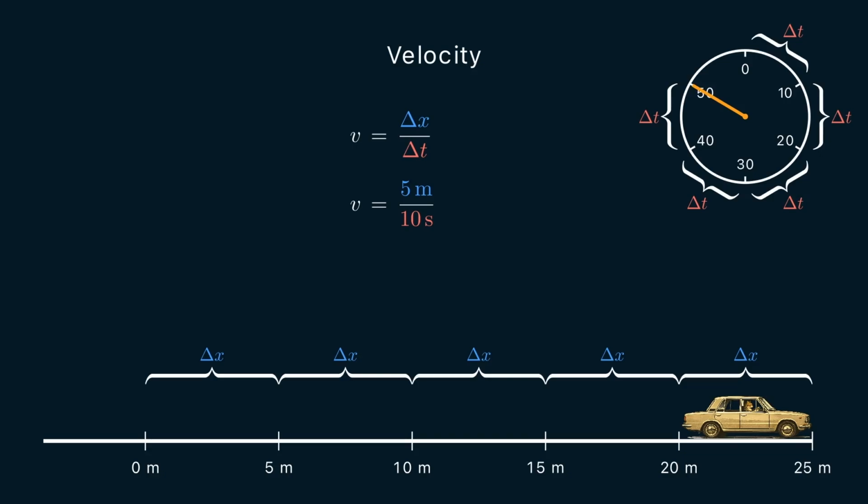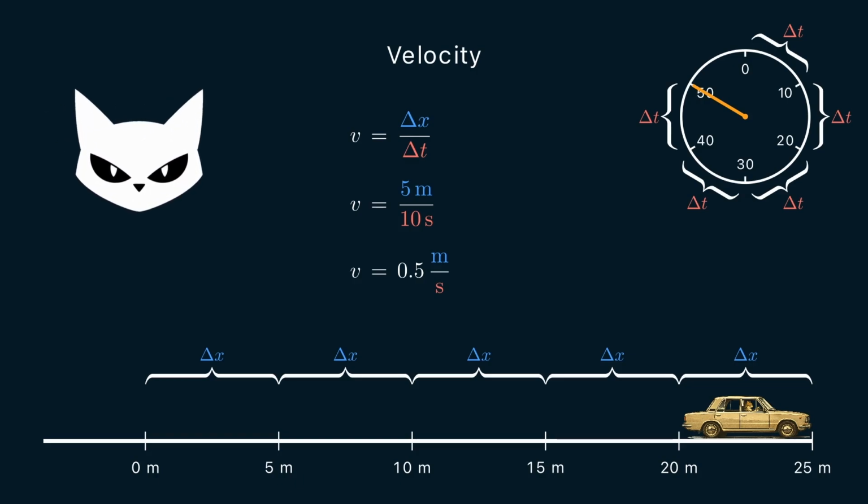If we divide 5 by 10, we get a velocity of 0.5 meters per second. If we multiply this value by 3.6, we get the velocity in kilometers per hour. So that is 1.8 kilometers per hour. Okay, pretty slow for a car, actually very unrealistic, I know. But this example is my fault, so Lucky is not to blame.